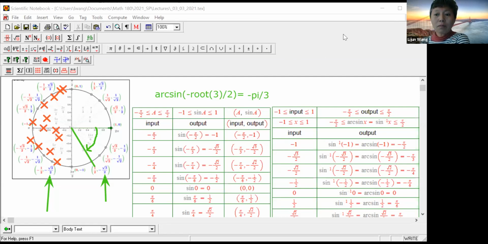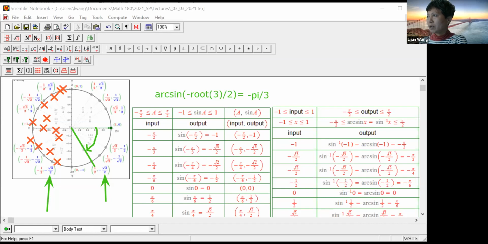If the input is in the domain, the output must be in the range. Unlike e to the power x and ln x, whose domain and range are naturally formulated, for arcsine the inverse function is imposed by putting restrictions.